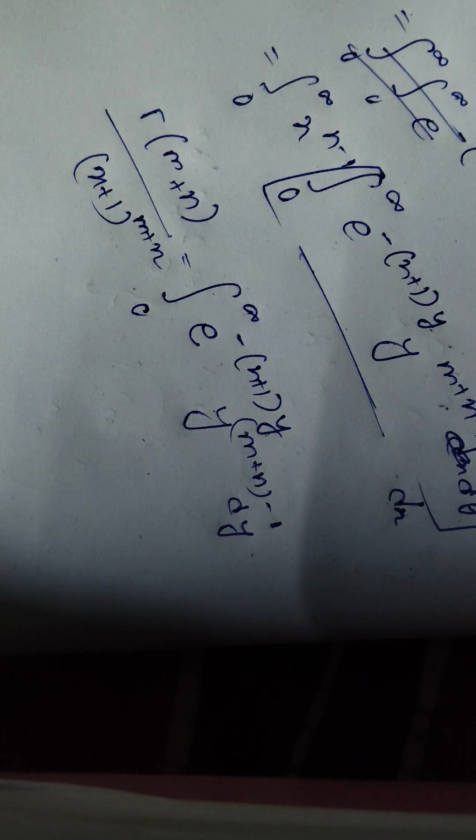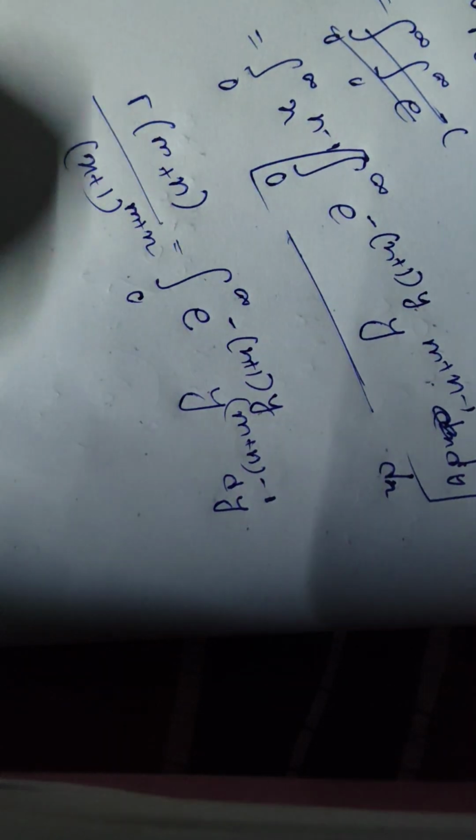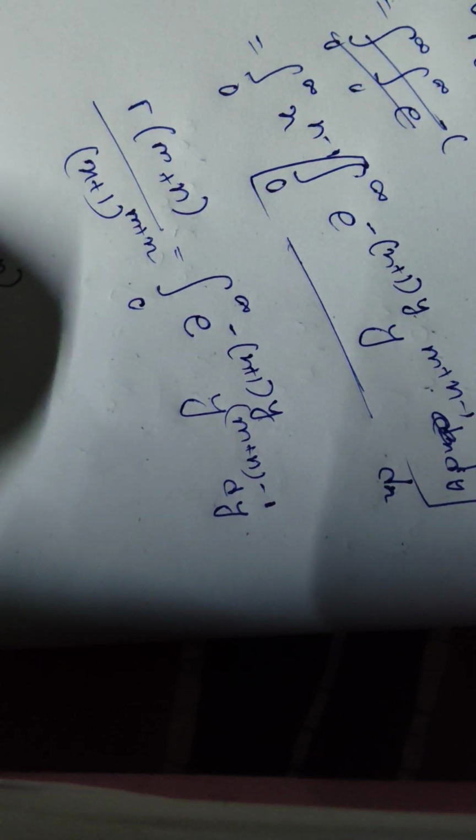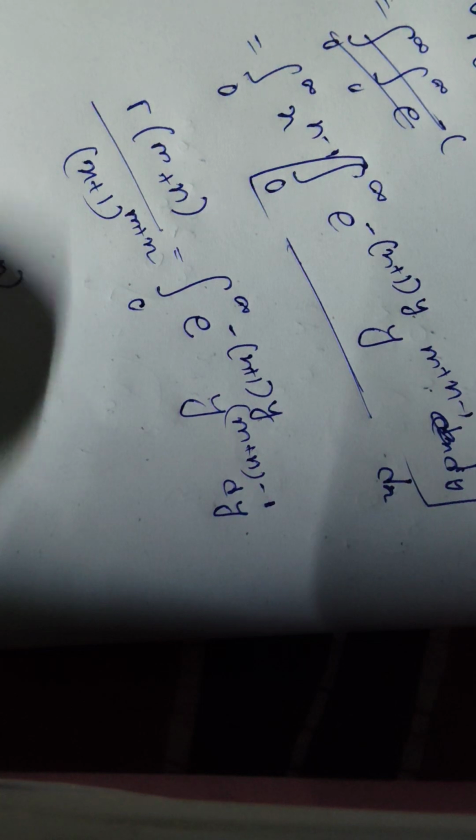So basically we can replace the inner integral with that, right? So this is 0 to infinity x to the power n minus 1 into gamma of m plus n by x plus 1 whole to the power m plus n, hopefully it is visible, into dx.